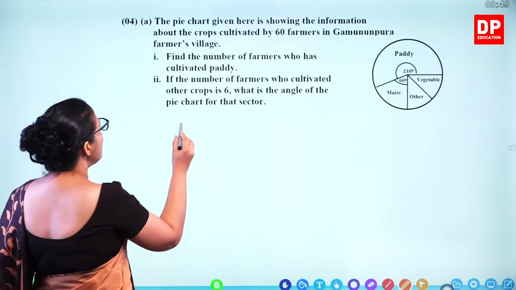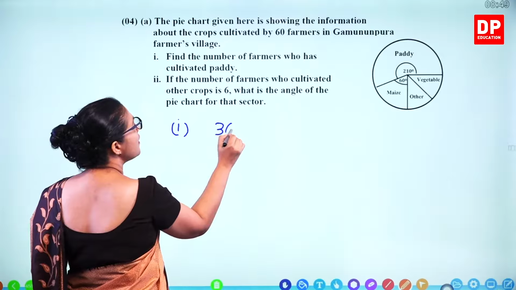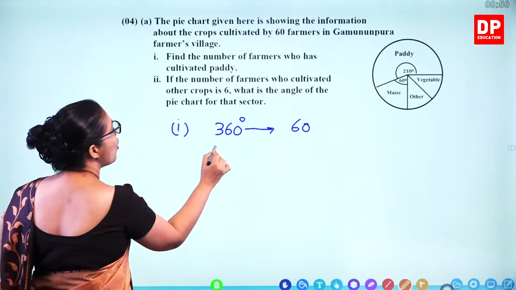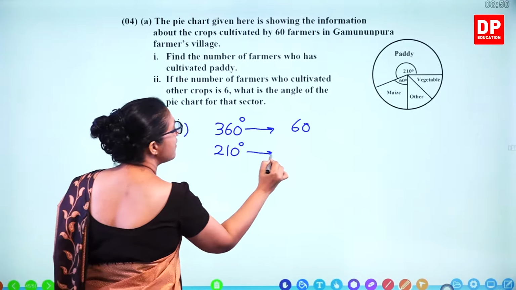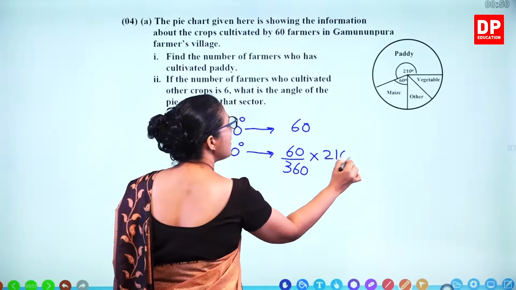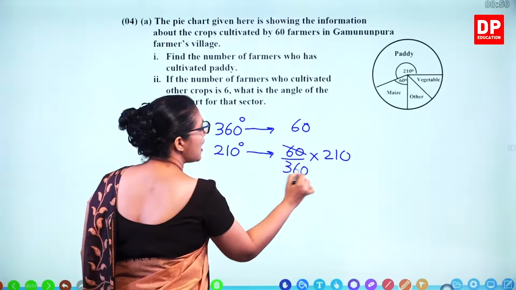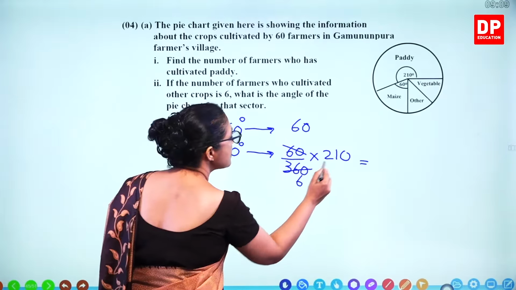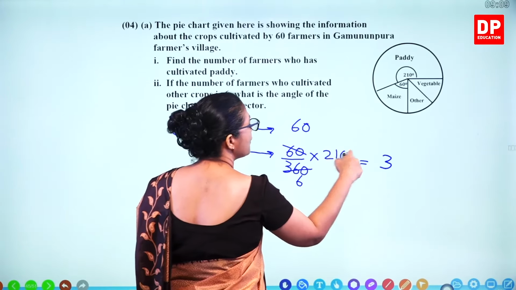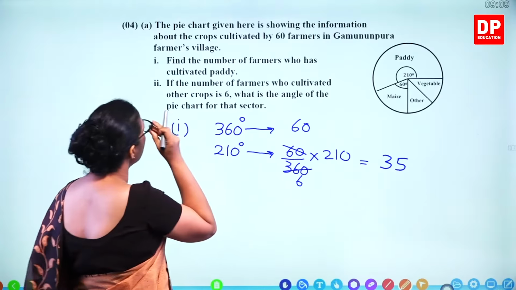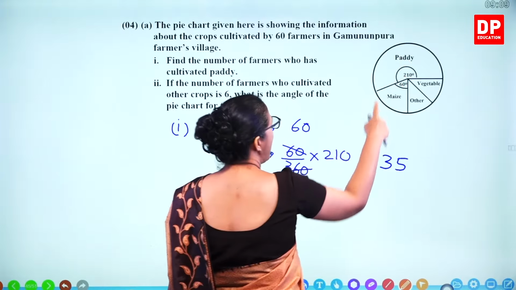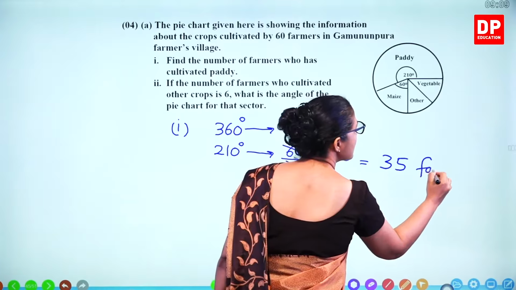So that means 360 degrees means 60 farmers. They want 210 degrees. So 60 divided by 360 times 210. So 60 times 6. 6 times 3, 18, and for 30, that's 5. So 35 farmers cultivate paddy. 35 farmers.